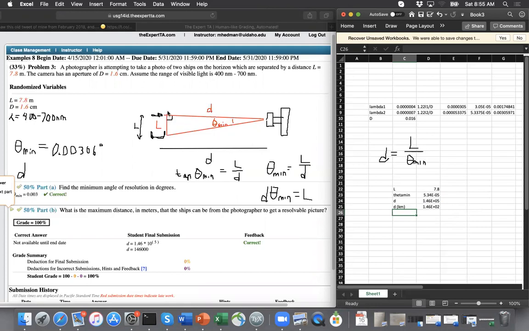So you can see that there are two boats separated by 8 meters with a camera like this at a distance of about 100 kilometers. Now, you won't see any detail within the boats, but you could tell that there are two boats there instead of one. And that's just giving you a sense of how this formula can be useful. If you want to be able to distinguish objects, how far away do they have to be with a particular piece of optics?